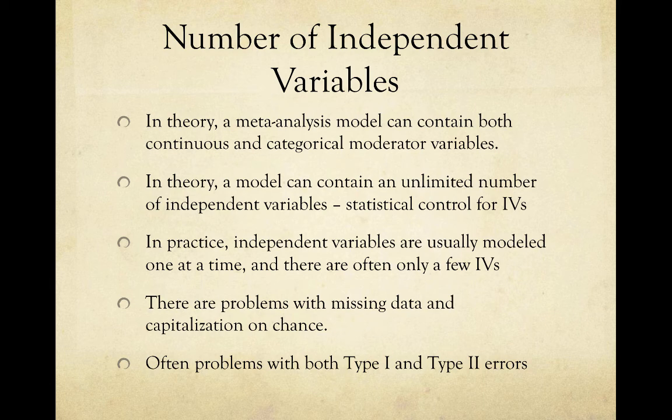Of course, there's problems with type 2 errors. You don't have much power. With 40 observations in regression, you got to have a pretty big impact from your independent variable to detect it. And so that gives you type 2 error problems. Type 1 error problems happen because people doing a meta-analysis oftentimes want to be thorough.